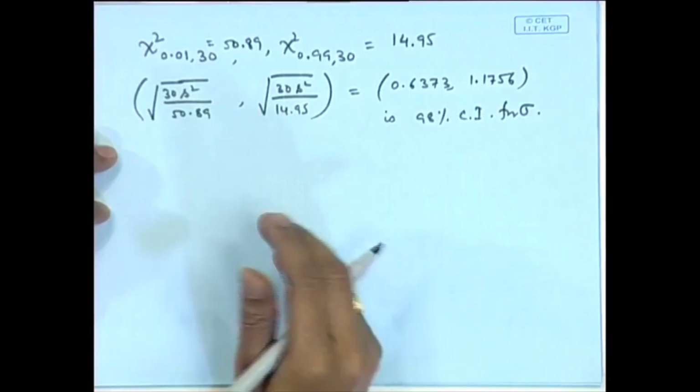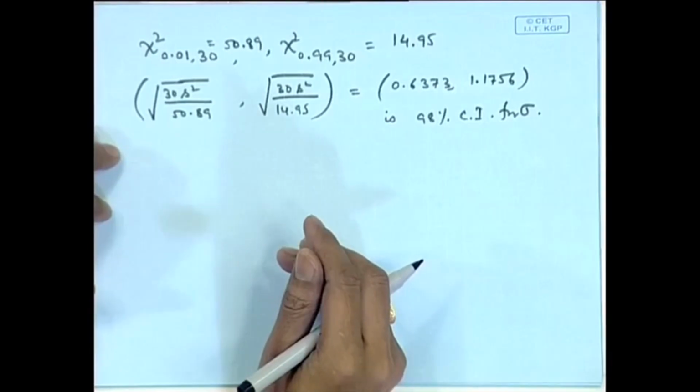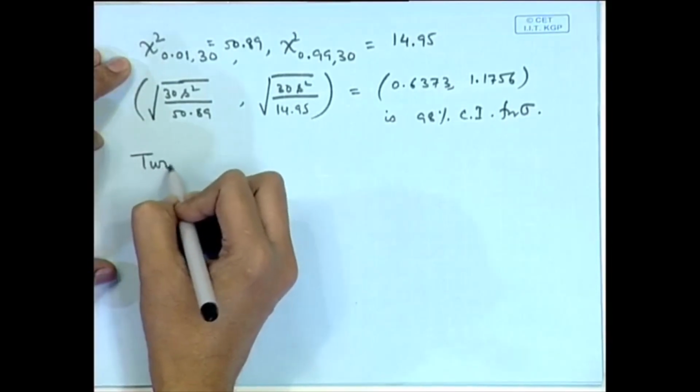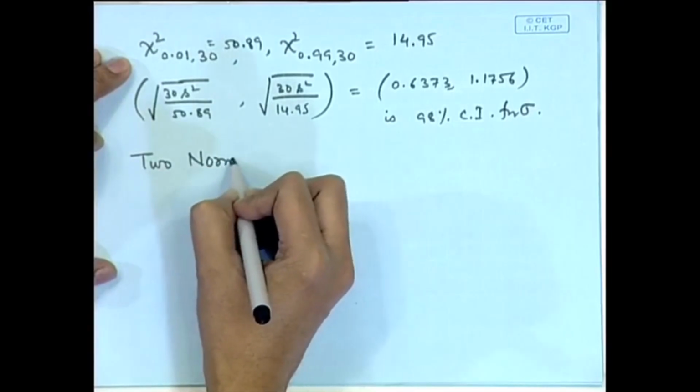We may also have populations where the proportions are important. So, we may need a confidence interval for a binomial proportion, we may need a confidence interval for the difference of the proportions, etcetera. So, let me consider in the first case the normal populations. So, we have two normal population problems.